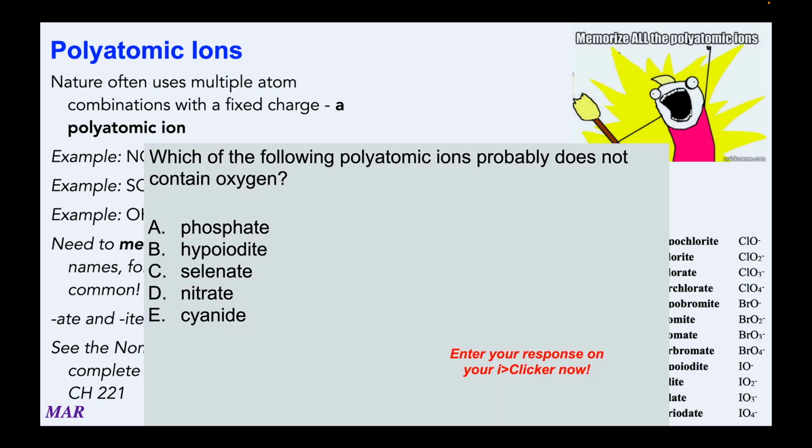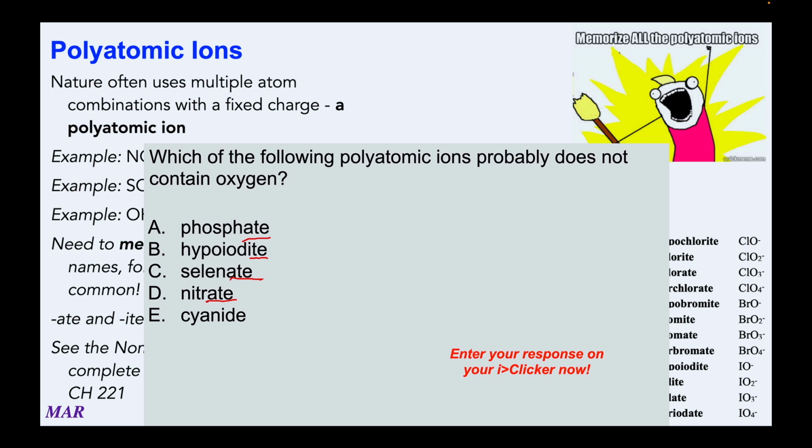So which of these polyatomic ions probably does not contain oxygen? Here's another hint that I can give you. When it comes to those polyatomic names, a lot of them have -ate and -ite endings. And anytime you see -ate or -ite, those almost always mean oxygen.